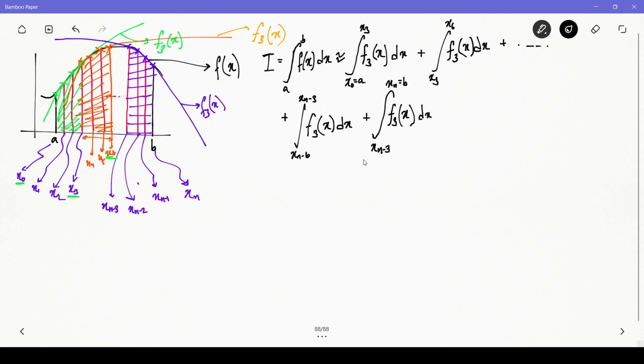So this whole summation will approximate our actual integral value from the lower limit a to the upper limit b. Now that we have found the separate integration terms, we'll use the formula that we have derived, the non-composite version of the 3/8 rule formula, for each of these terms. So let's do that. Now we have plenty of space, let's try to utilize it.